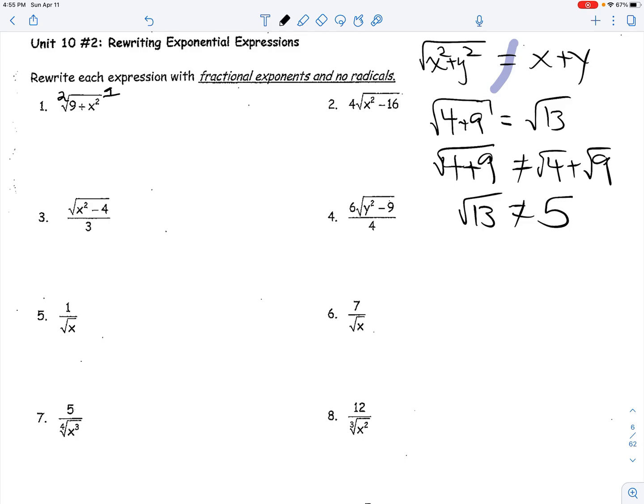This is a reverse power over root deal. Normally we take something as a fractional exponent and write it as a radical. Now we're going in reverse. That's math for you: we go left to right, and then we go backwards, right to left.